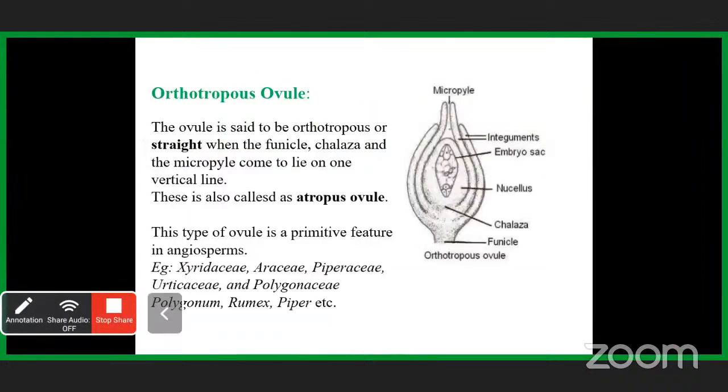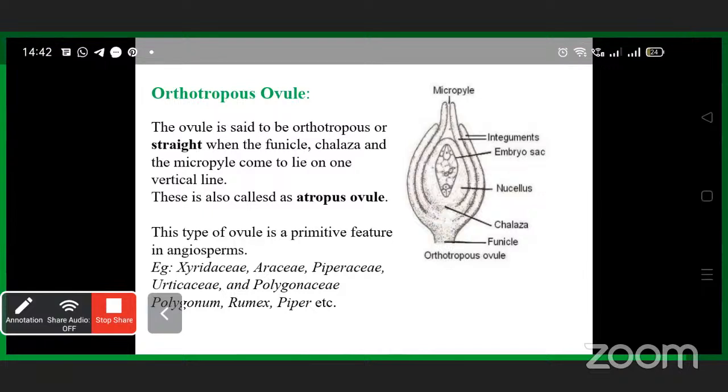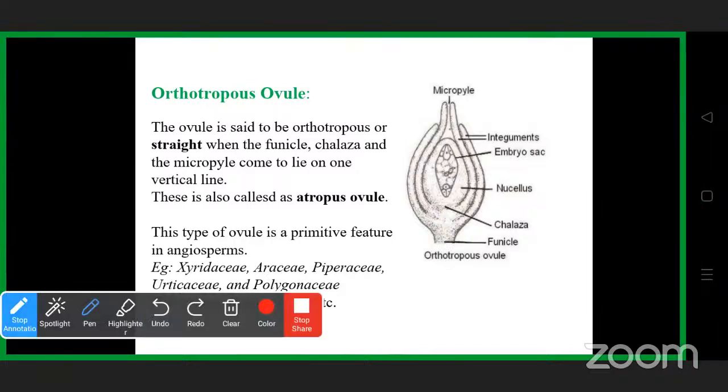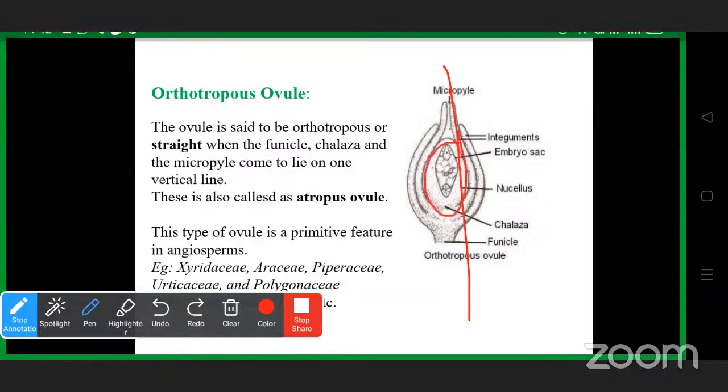You see, I already told you about orthotropous ovules, how it is. In these, the stalk, micropyle, embryo sac, and funicle, all three are in a straight line. This is the primitive type of the embryo sac, that means primitive type of the ovule.